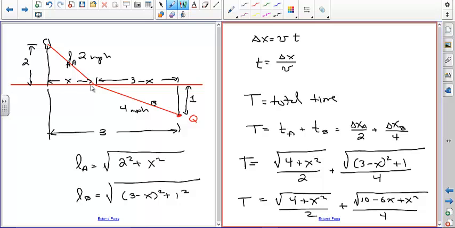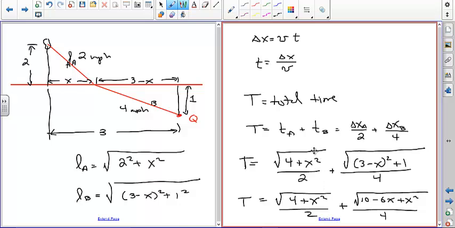X cannot be greater than 3. We came up with an equation for the total time required to traverse from here to here, traveling some variable distance x this way but doing it diagonally, so we used the Pythagorean theorem.